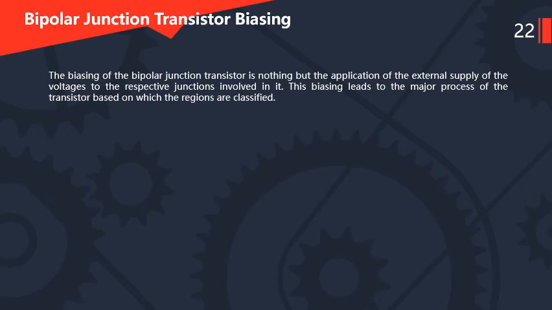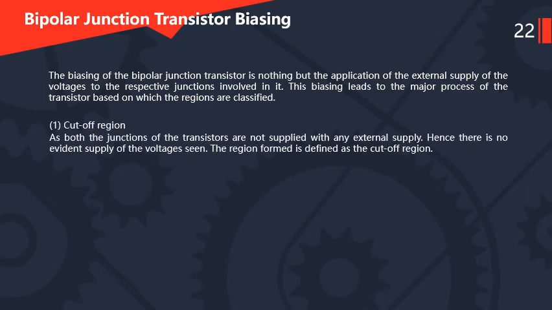This biasing leads to the major process of the transistor, based on which the regions are classified. So the first region is the cut-off region. As both junctions of the transistor are not supplied with any external supply, hence there is no evident supply of voltage seen, the region formed is defined as the cut-off region.